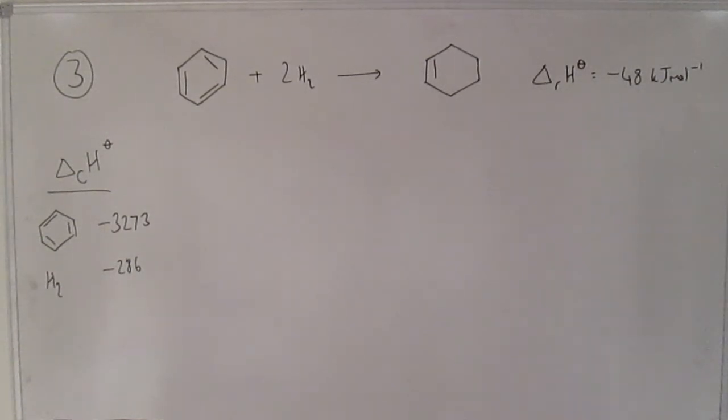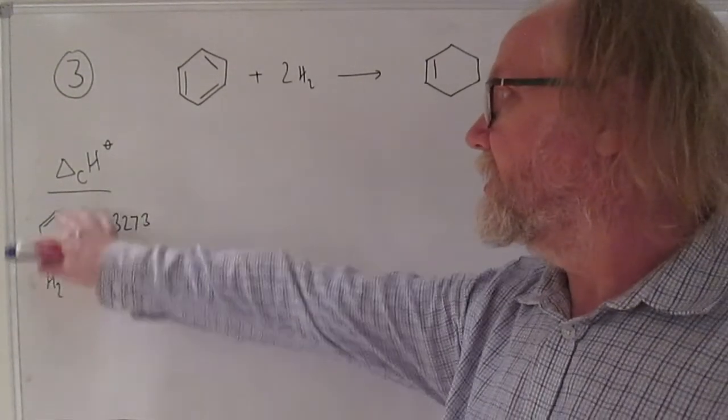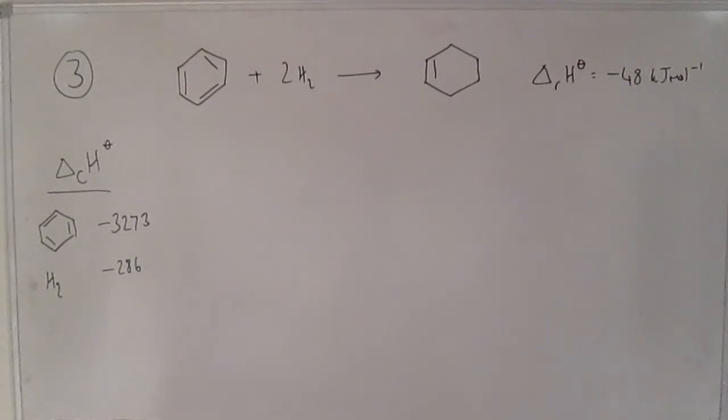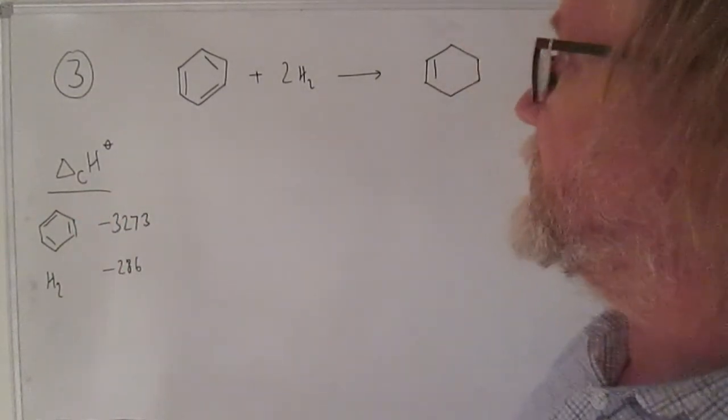Okay, so then we have some enthalpy changes of combustion, again under standard conditions, and what it asks us to do is to find the missing enthalpy change of combustion, which is for that one. So again, we're going to set up a cycle, but it's really important to be clear, these are combustion data, not formation data.